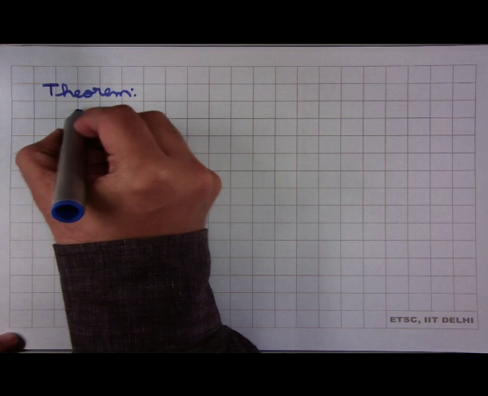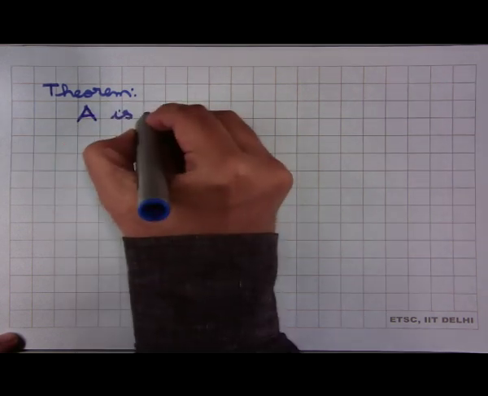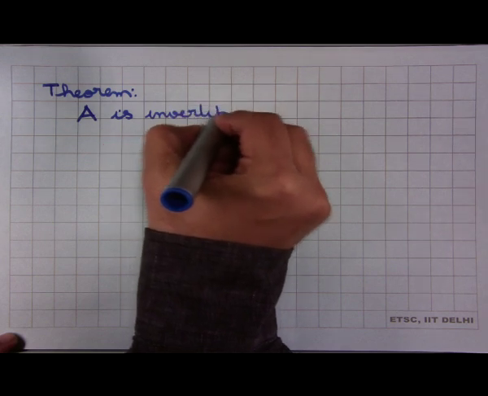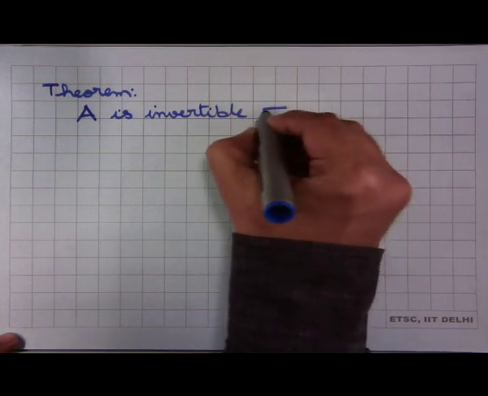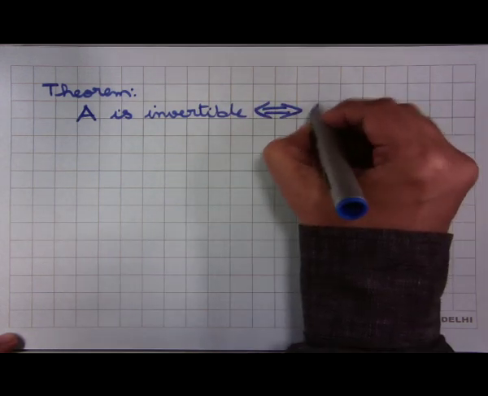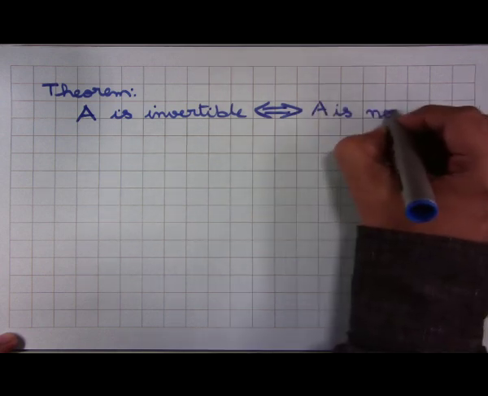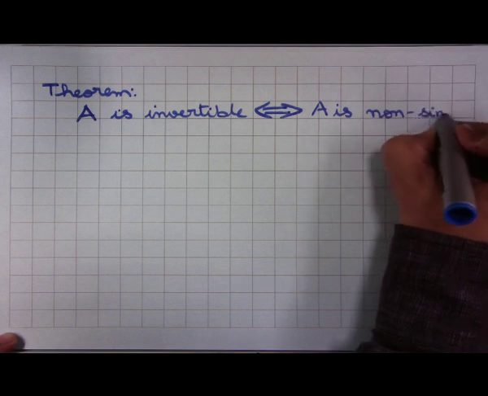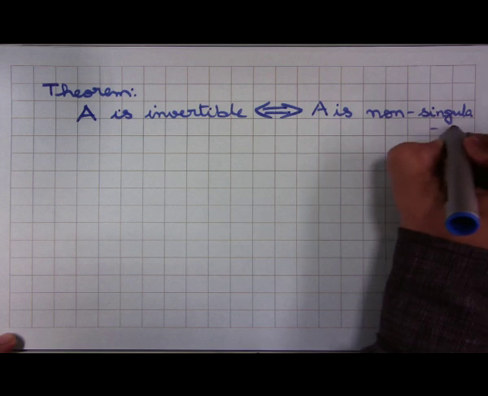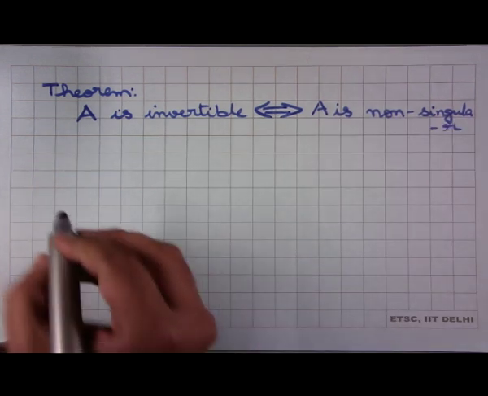Okay. And the theorem that we want to state over here is that a square matrix A is invertible if and only if it is non-singular. So, let me write down that statement and then we can look at the proof. The theorem is: a square matrix A is invertible if and only if A is non-singular, meaning that it has a non-zero determinant.